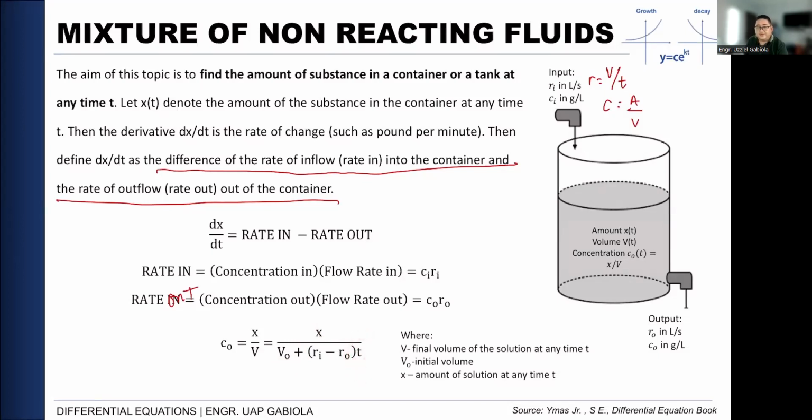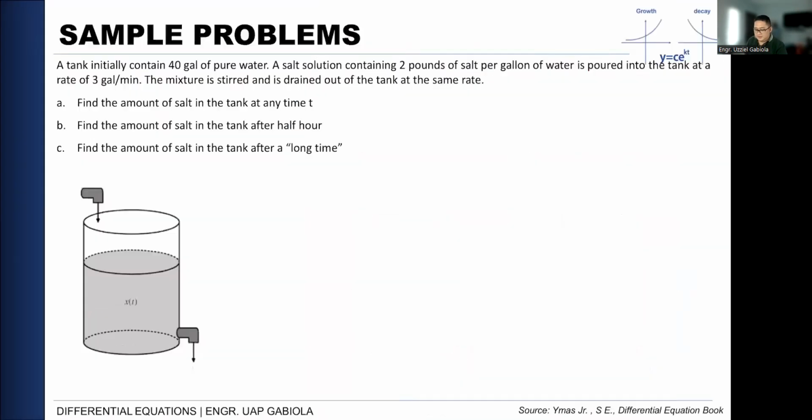Okay? So, ayan yung formula ni concentration out. So, using these formulas, we can solve for the amount or whatever is being asked in the problem. Okay? So to understand this, let's have our first example. Okay? So first example natin, a tank contains 40 gallons of pure water.